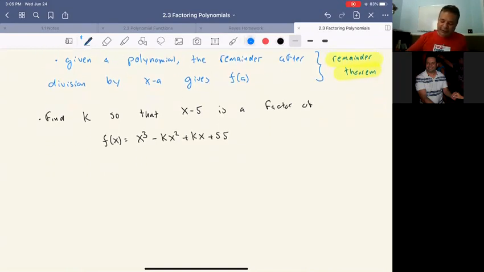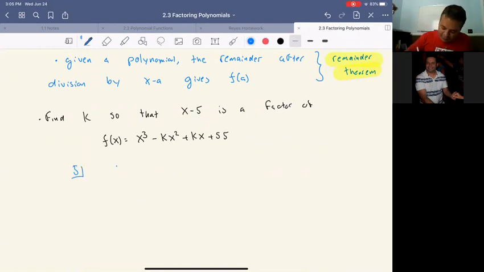Okay, so we're testing, or actually we're going to make 5 a root. Okay, remember it's if x minus 5 is a factor, then 5 is a root. So we're going to put 5 in the corner.